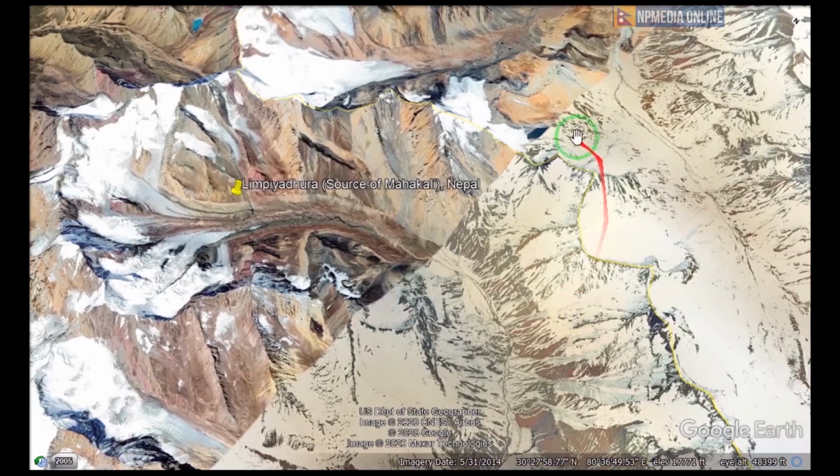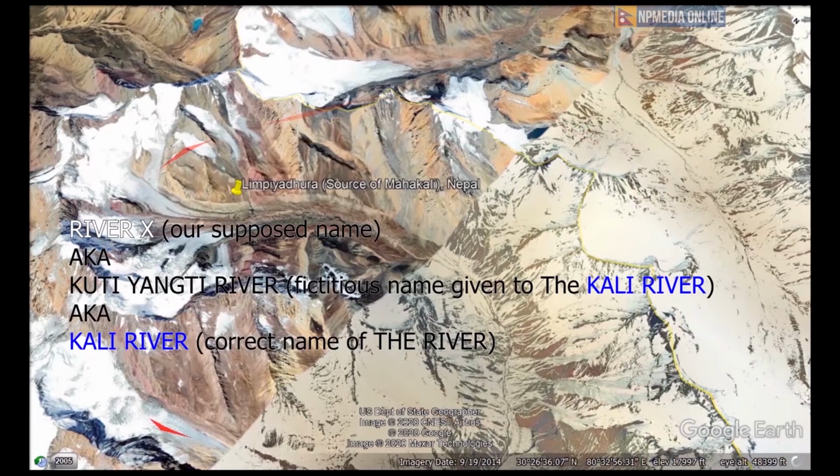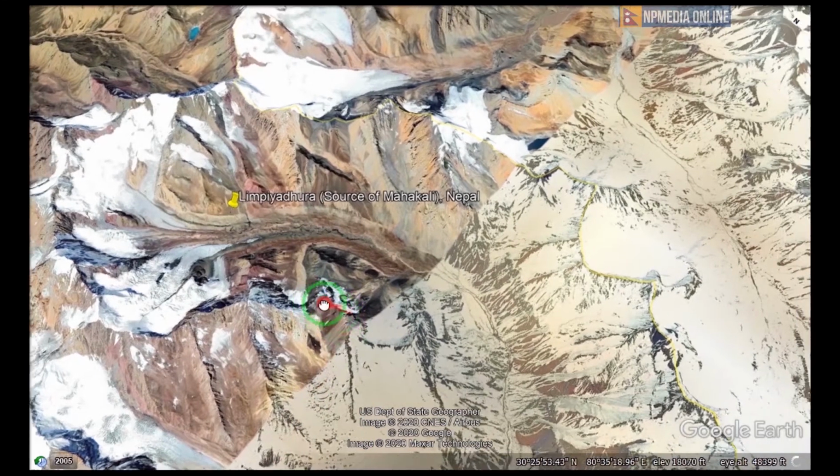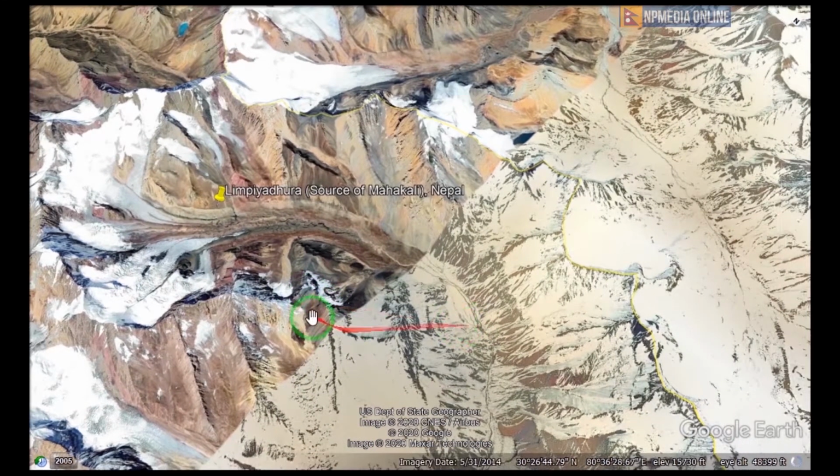So, yes, this is the main origin place of River X, aka the Kali River. This place is called Limpiyadhura, source of the Kali River. Also, let us see the nearby places at Limpiyadhura to get some good understanding.